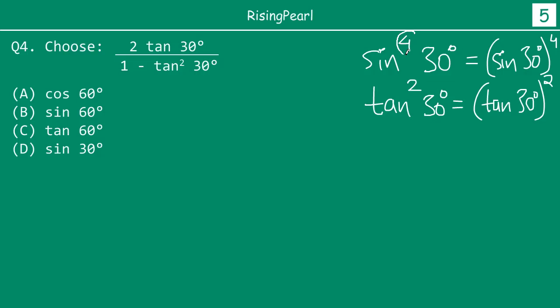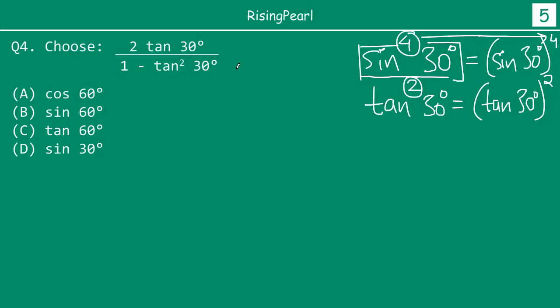So the power is basically the entire ratio raised to that power. Similarly, if your power is 2, it will be tan 30 degrees raised to the power 2.